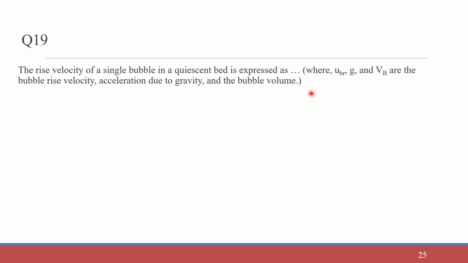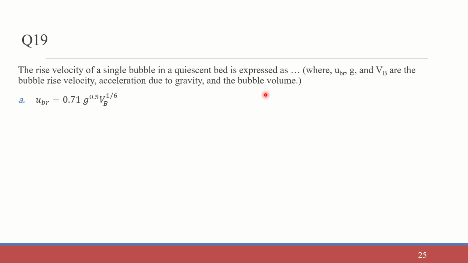Let us go on to question 19. In question 19, it is given that bubble rise velocity of a single bubble in a quiescent bed is expressed as dash, where UBR is bubble rise velocity, G is acceleration due to gravity, and VB is the bubble volume. So let us look at the options first.